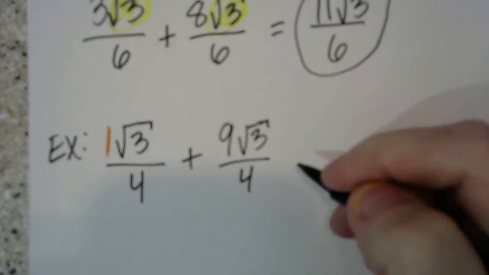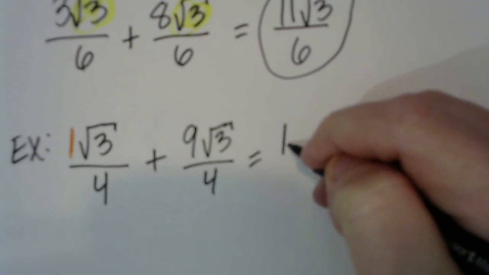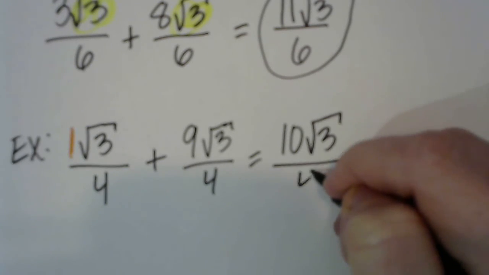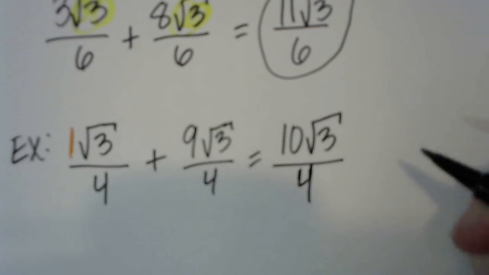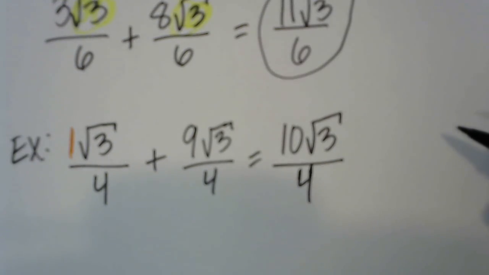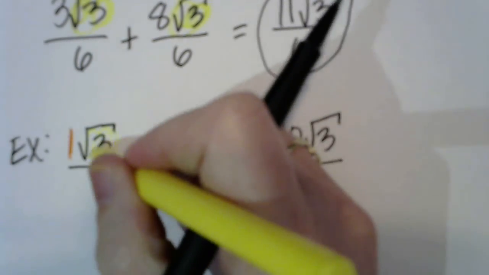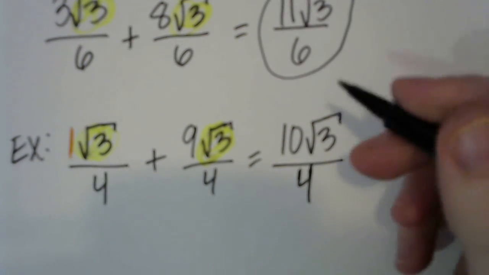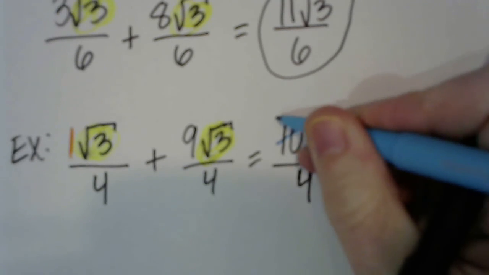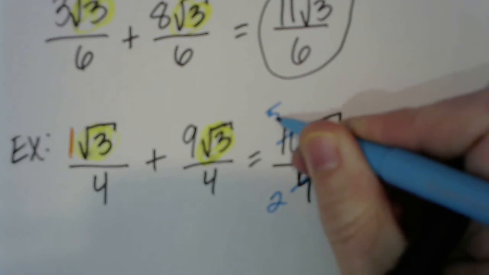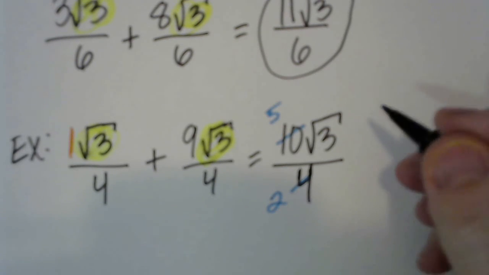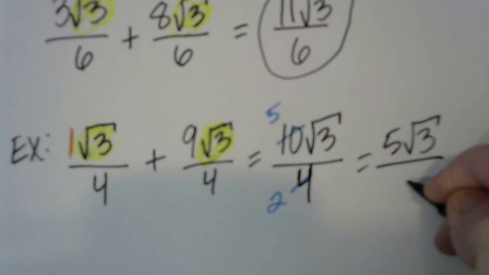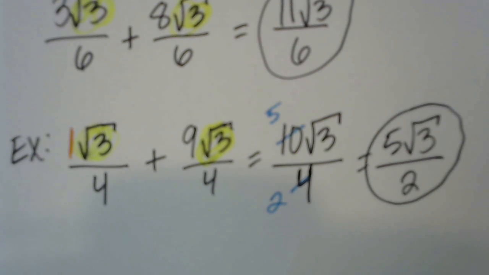So when I add these, it's actually going to give me 10 radical 3 over 4. Because I can add those coefficients. Same radical type and same thing underneath, right? Well, now I can simplify further because both of these are divisible by 2. So this answer is actually 5 radical 3 over 2. Okay?